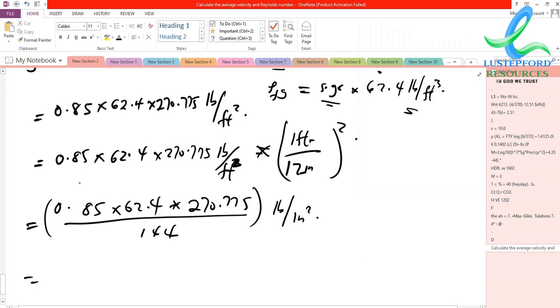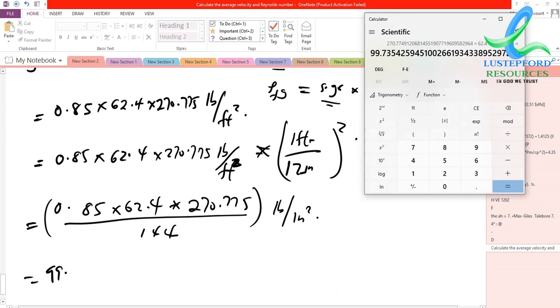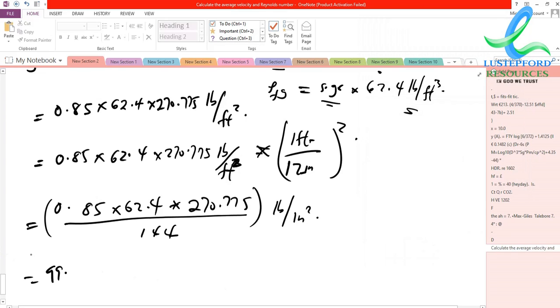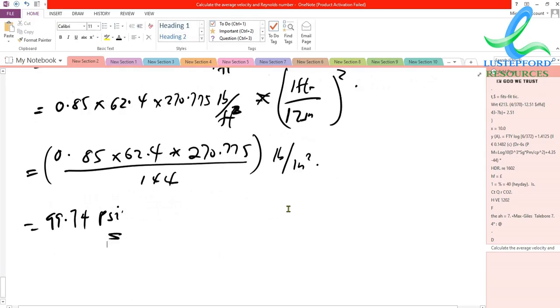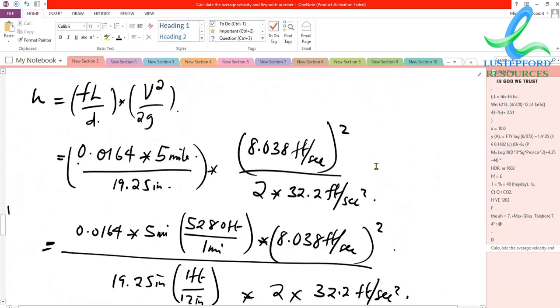This will give us now 99.724 PSI. So that is what we get now.